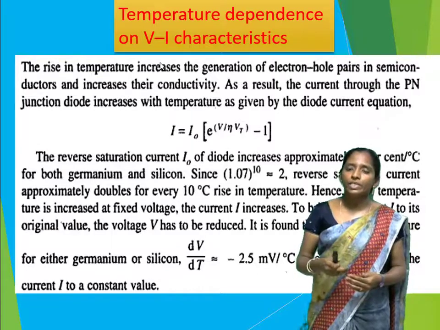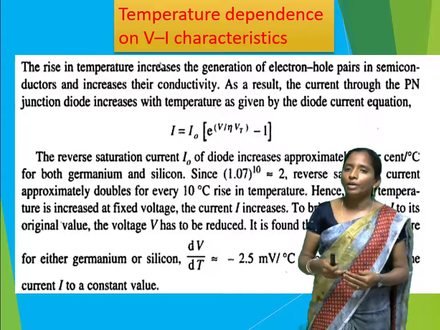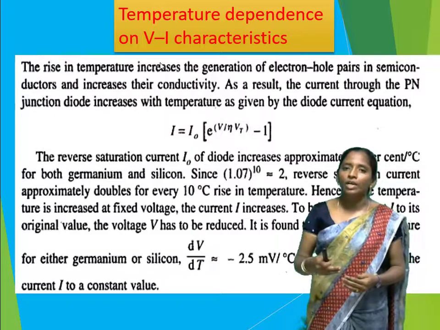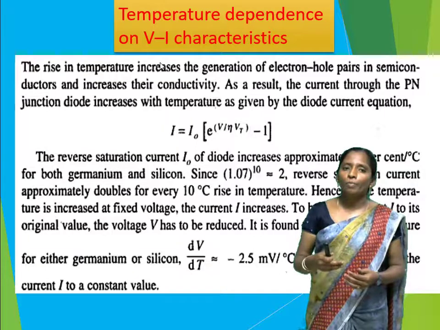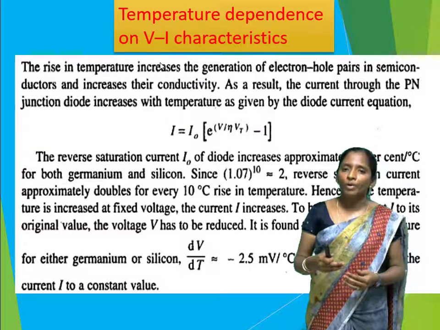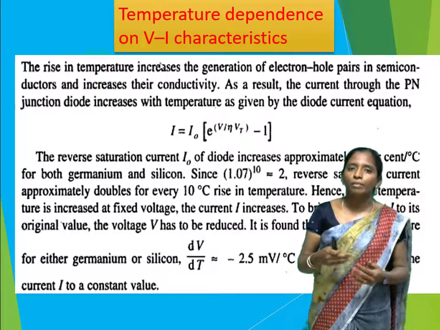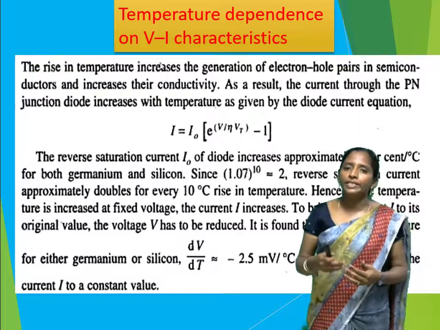The reverse saturation current I naught increases approximately 7% for every degree centigrade for both germanium and silicon. Since 1.07 to the power of 10 is approximately equal to 2, the reverse saturation current approximately doubles for every 10 degrees centigrade.